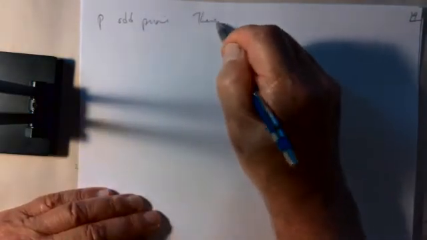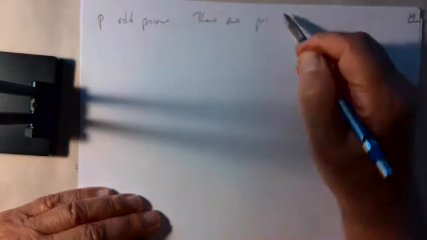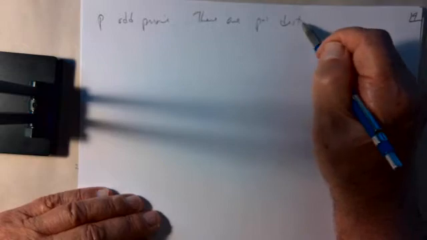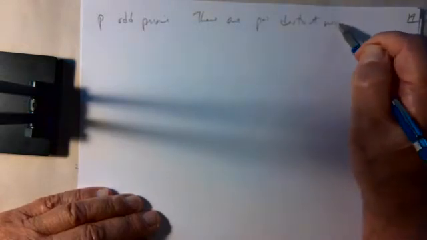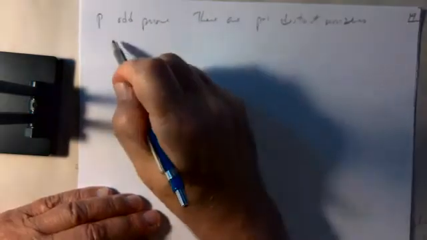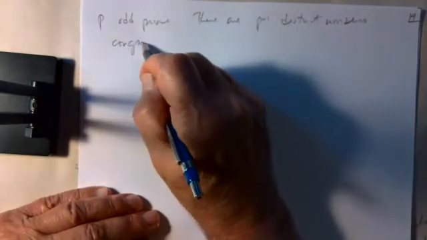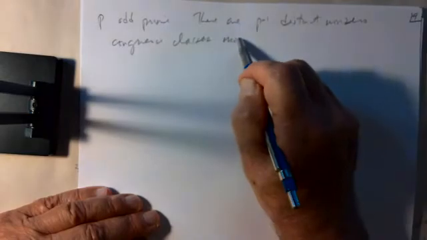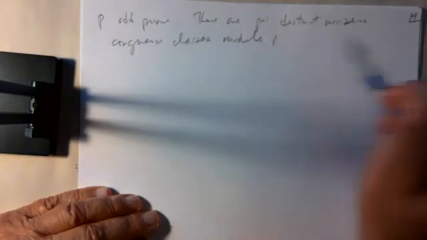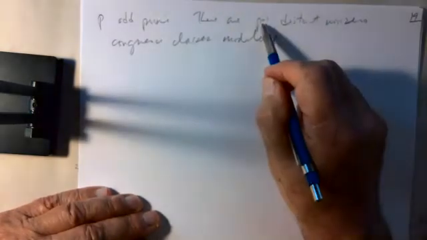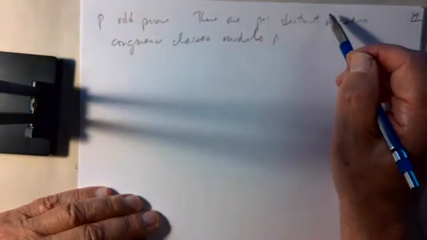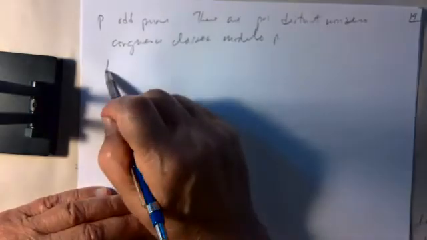So there are p minus 1, which is some even number, distinct non-zero congruence classes modulo p. So if there are p minus 1 congruence classes, half of them would be p minus 1 over 2.